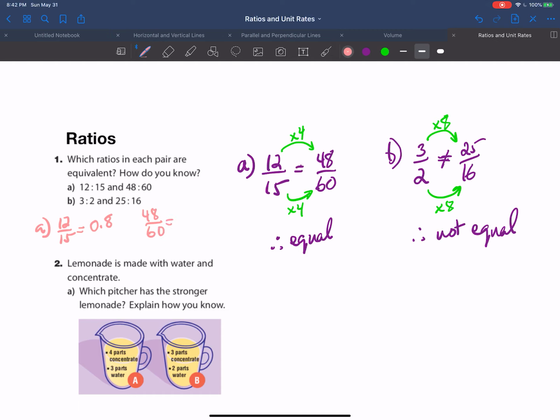If I get the exact same decimal, which we already know that we should, which is 0.8, they are equal to each other. Now, if you do the same thing with B, you'll see that you'll get different decimal answers, so they're not the same.